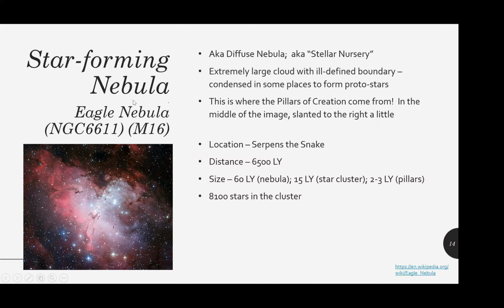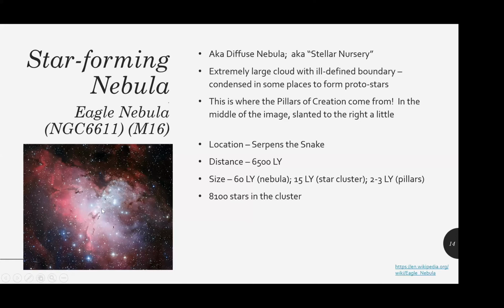Like I said, the Eagle Nebula is located in the constellation Serpens. It is 6,500 light years away. And to give you an idea for size, from one edge to the other, it is 60 light years across.